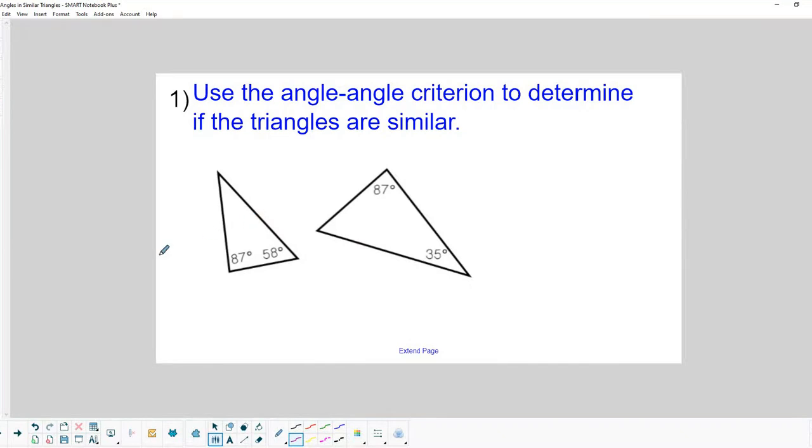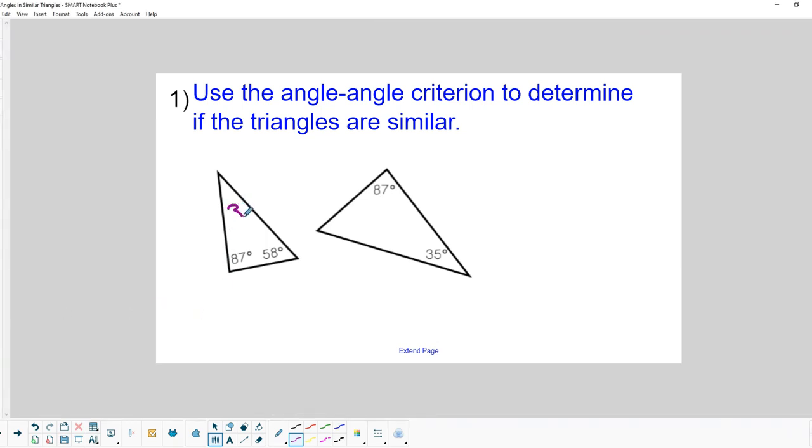So in this first triangle, I'm going to do 180 minus 87 minus 58. I've got to clear my calculator. 180 minus 87 minus 58 equals 35 degrees.